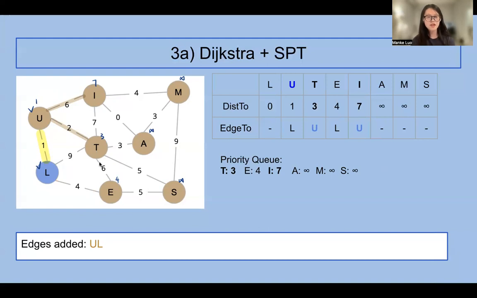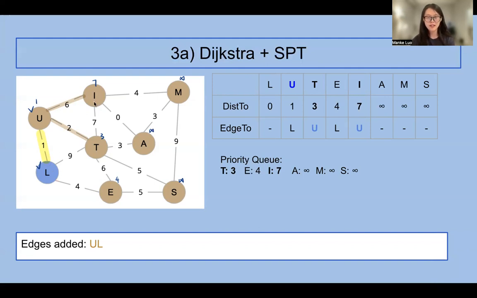And then the next step is to check for each unvisited vertex of U if I have to update anything. And it turns out I did update. And so for the priority, specifically if I'm looking at I first, I calculated the new priority to be 7. Why is that? Well, the path of travel to reach I was from L to U to I, right? And this distance is 7.